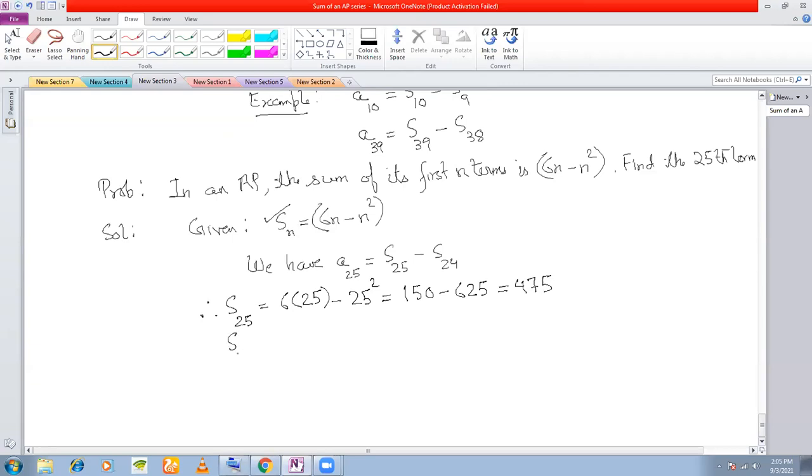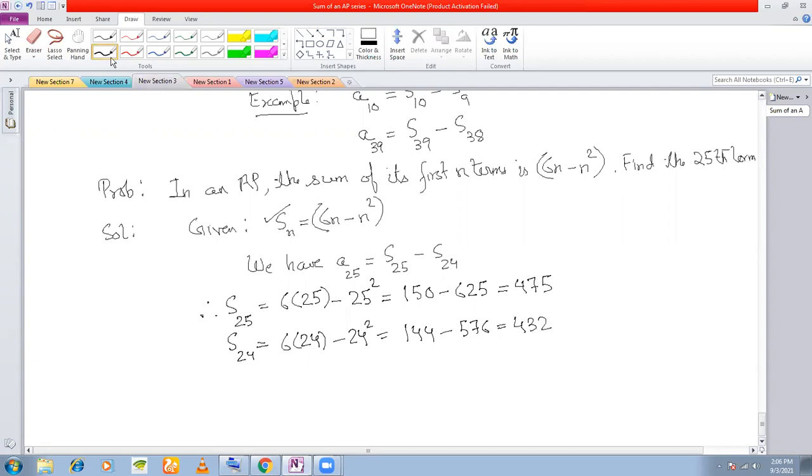And also let us find the sum of the first 24 terms by putting n equal to 24 in the relation. You will get 6 into 24 minus 24 square. So this is 144 minus 576, which you get as 432.